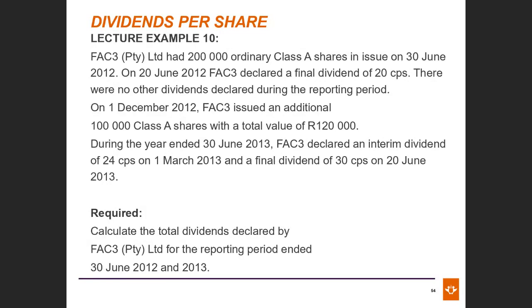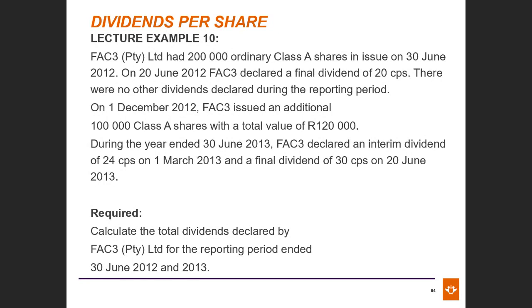Then if we look at 2013, obviously in this year, there were two dividends declared. There was an interim dividend of 24 cents and a final dividend of 30 cents. Remember in 2013, there was an additional issue of shares.